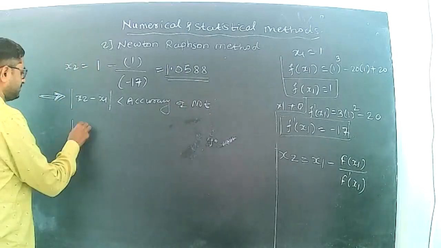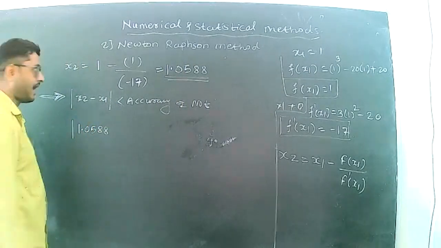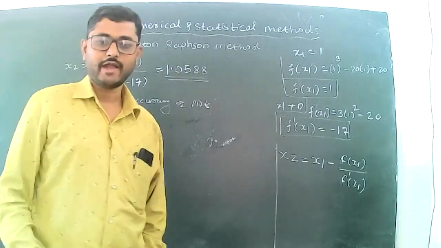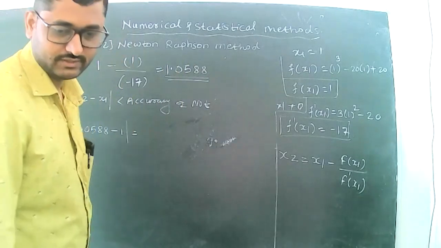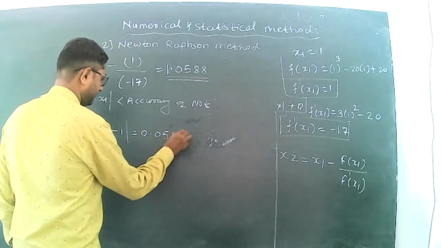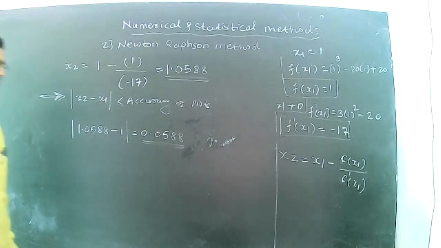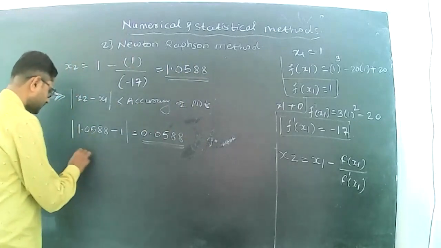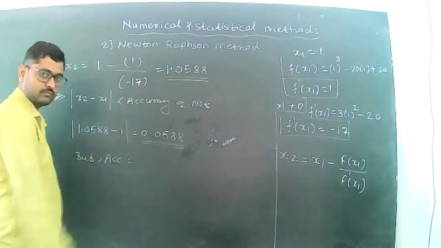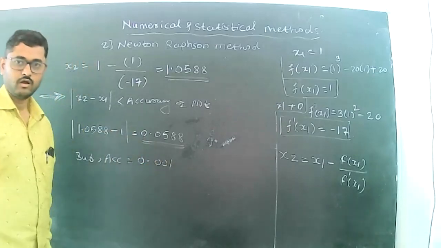So x2 is 1.0588 and x1 is 1. By calculation, the mod of this is 0.0588. But the accuracy is given as 0.001.